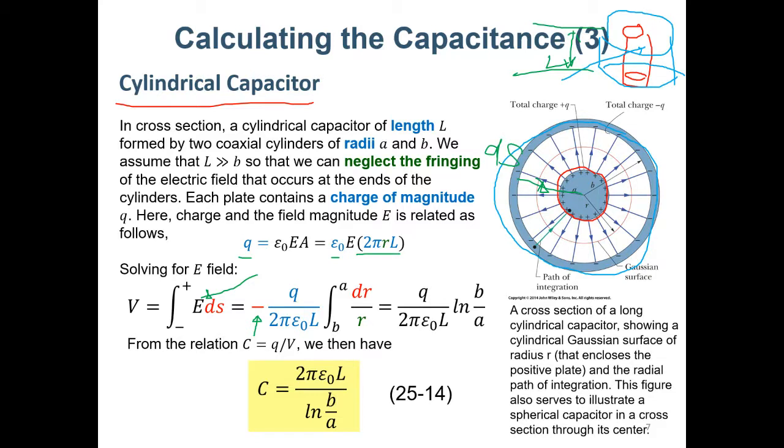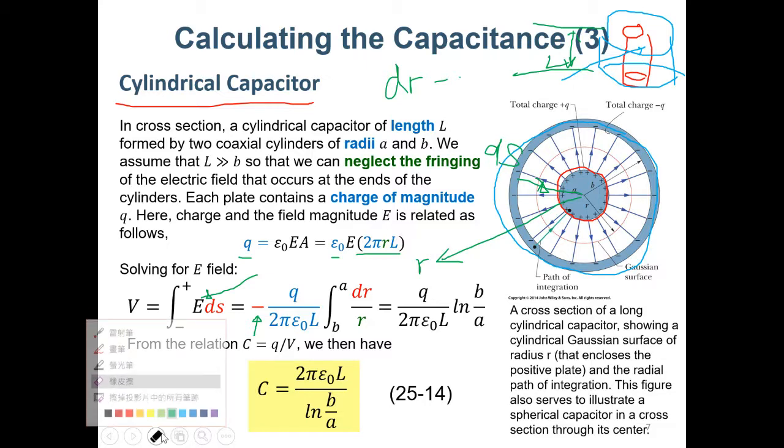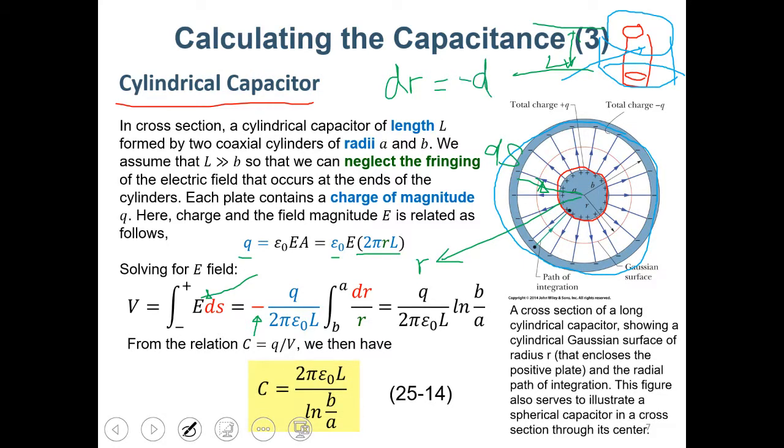And for cylindrical coordinates, r should go from inside to outside. So in this case, dr should be equal to minus ds. So we have a minus sign here.